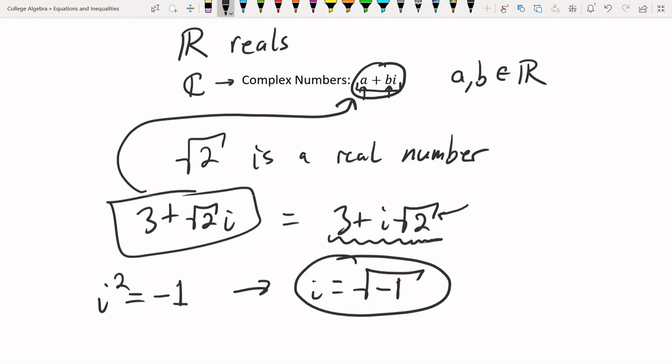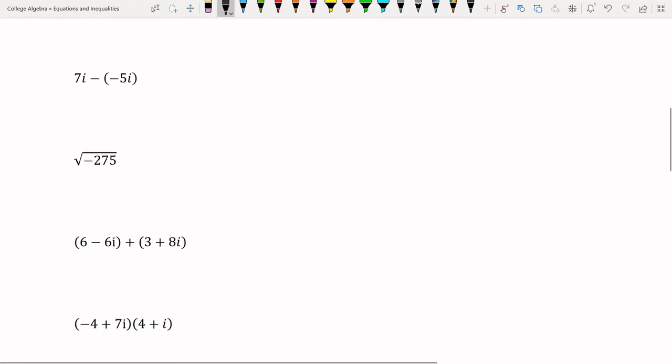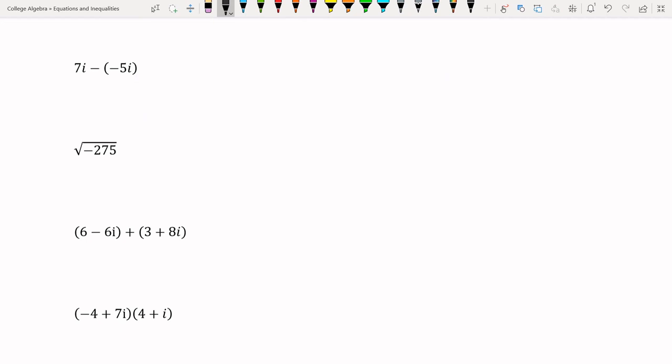This video is all about doing arithmetic with complex numbers, and we're going to be thinking about the imaginary number i as like a variable. So, for instance, if we have 7 minus -5i, a negative and a negative cancel and become positive. This becomes 7i plus 5i.